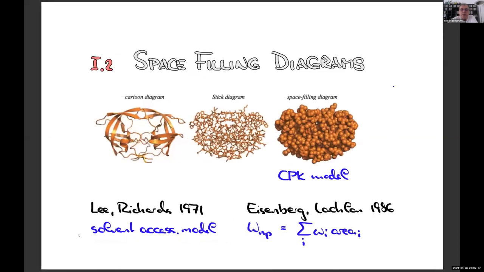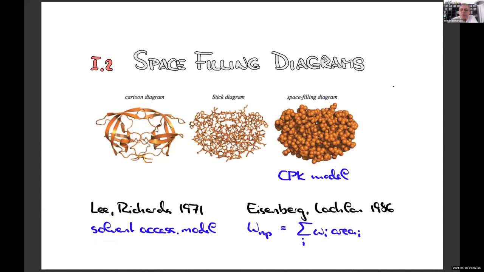All right, now let's get to space filling diagrams. There are all kinds of different ways of modeling a protein. The middle one is maybe the most common one, the stick diagram, where the covalent bonds are represented by edges connecting atoms. On the right, you see a space filling diagram where the atoms are blown up a little to make spherical balls that overlap.